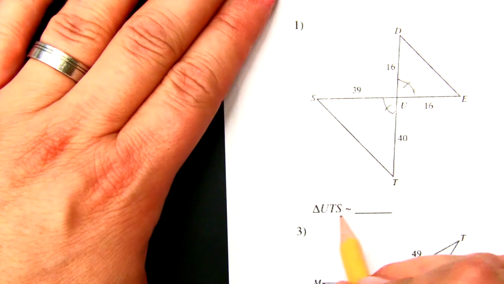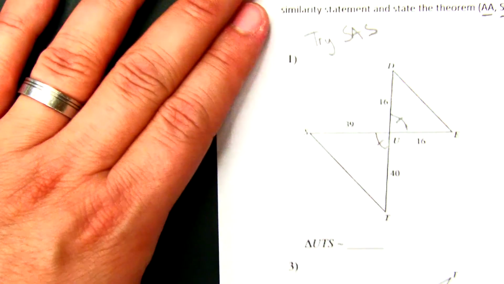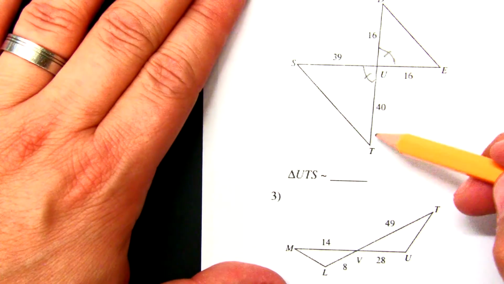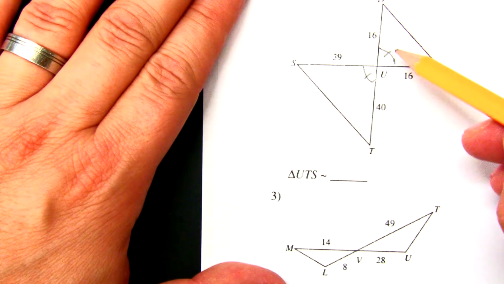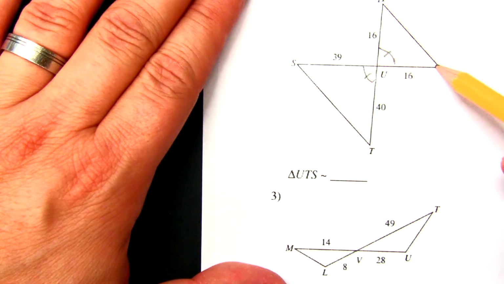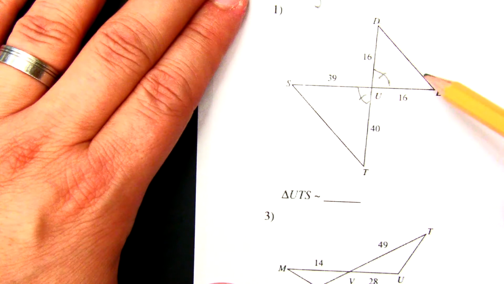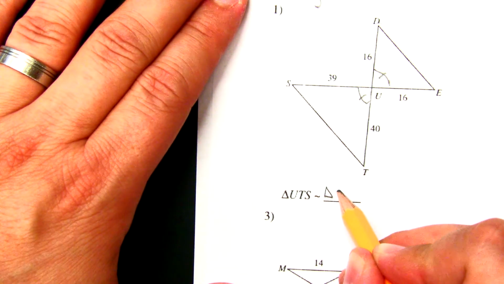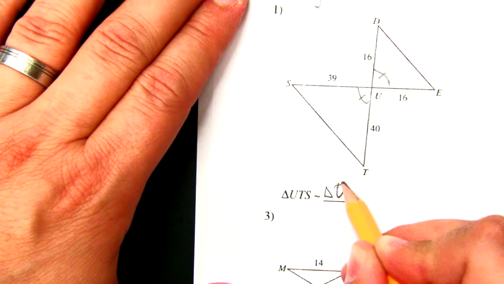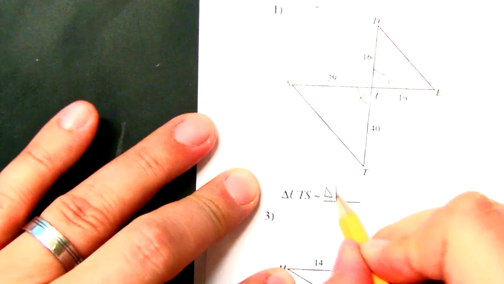So I'm going to try SAS. And what am I going to be trying to prove? Well, I guess that UTS is similar to UDE, right? Because that's how these bow ties usually work, the opposite sides match up with each other. So UTS is similar to, sorry, I forgot my U, UDE.